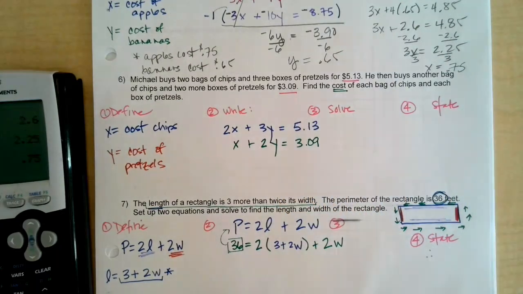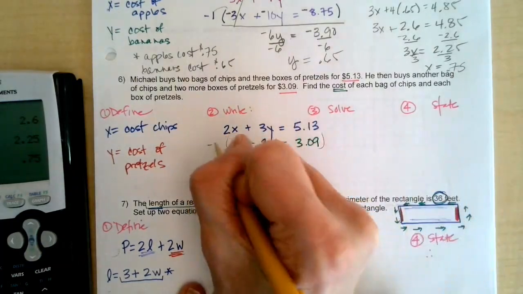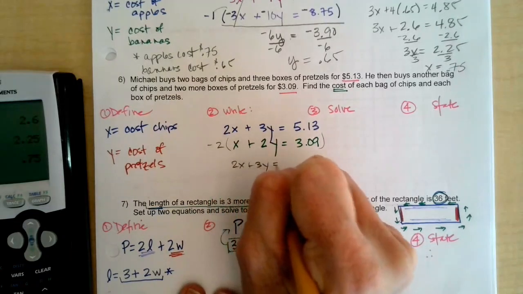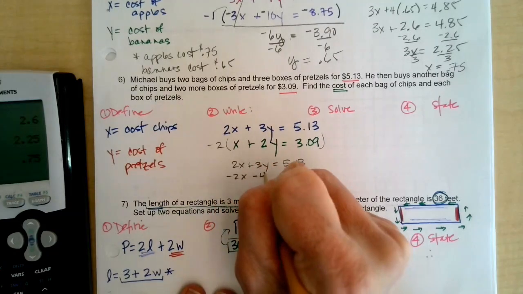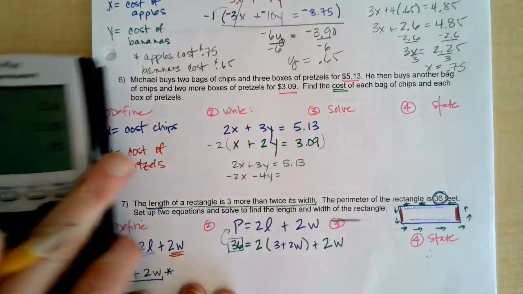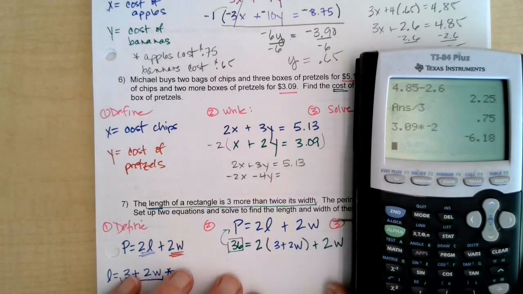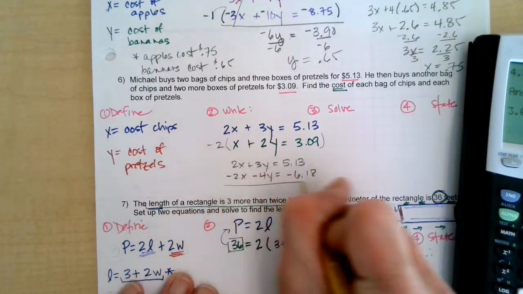When I look here, I'll go ahead and multiply this equation by a negative 2. So I have 2x plus 3y is equal to 5.13. Negative 2x minus 4y is equal to, and we'll go ahead and do 3.09 times negative 2, which is negative 6.18.